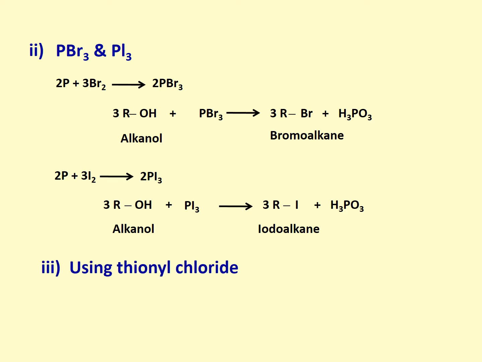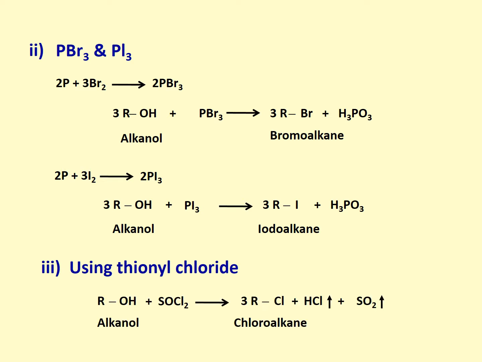The third reagent is thionyl chloride. Thionyl chloride has the formula SOCl2. Thio means sulfur. Thionyl chloride reacts with straight chain primary alcohols to give unrearranged alkyl chloride.